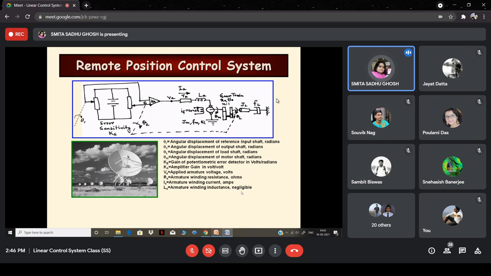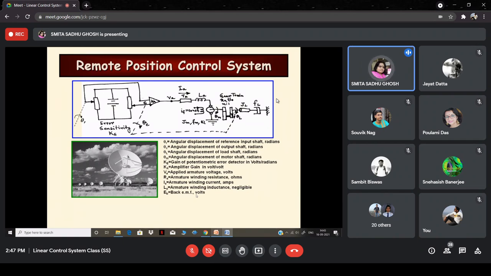If the armature winding inductance is provided, naturally we know how to deal with it, because in the armature control DC servo motor, when we derived the model, we first derived the entire model and then said, okay, if LA is equal to 0 or negligible, this is the simplification that you have. Over here, we are going to neglect it because it is negligible.